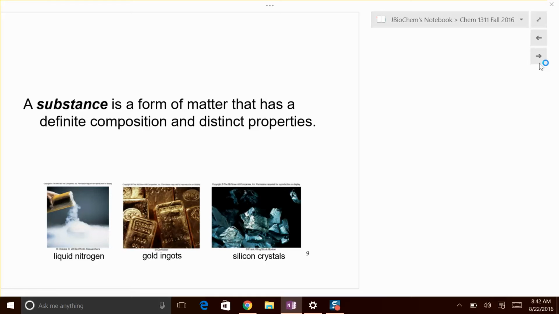They have different properties. They have distinct properties. So they are different things, so we would classify them based on their characteristics and so forth. And that's where the periodic table helps us a little bit. It classifies elements. But once we get into compounds, then we have to look at the compounds distinctly, what their properties are.